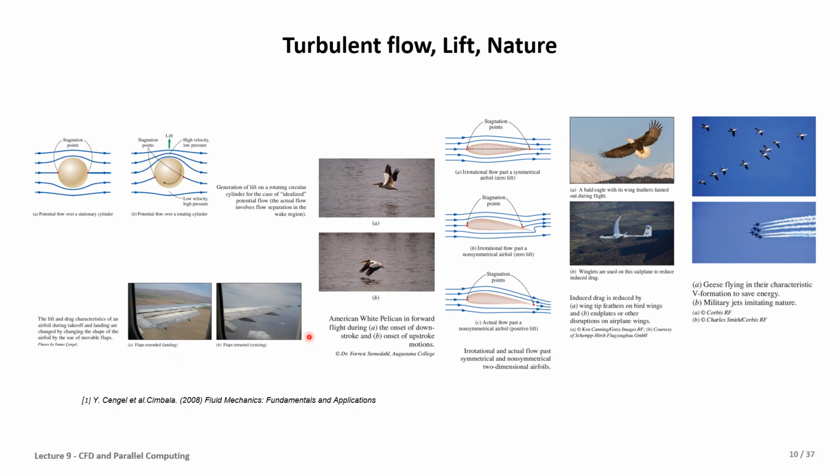This is exactly what happens for the aircraft when it's gaining speed, because of the difference between the upper and bottom of the wing. It lifts the aircraft with a specific flap position of the wing, and when it wants to land, it makes a different direction to reduce the lift. This is an example from nature, of what the lift could be in birds when they make different motions.